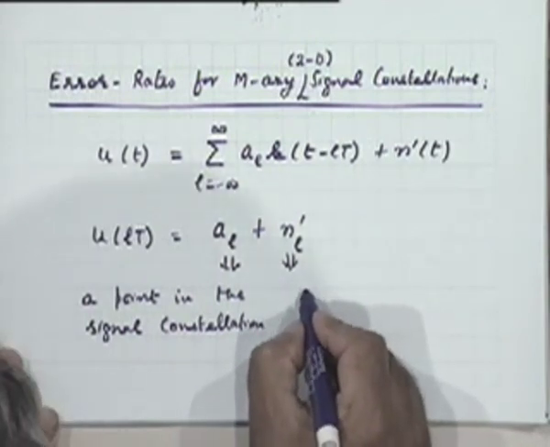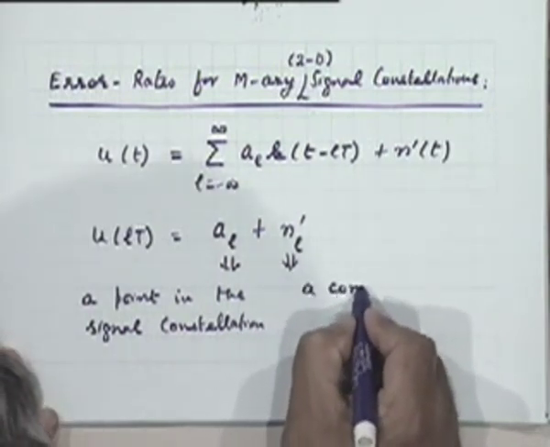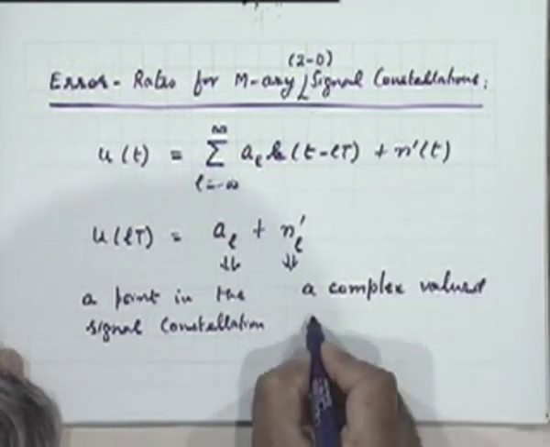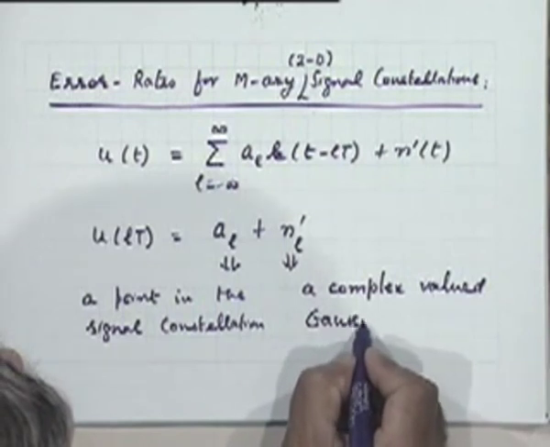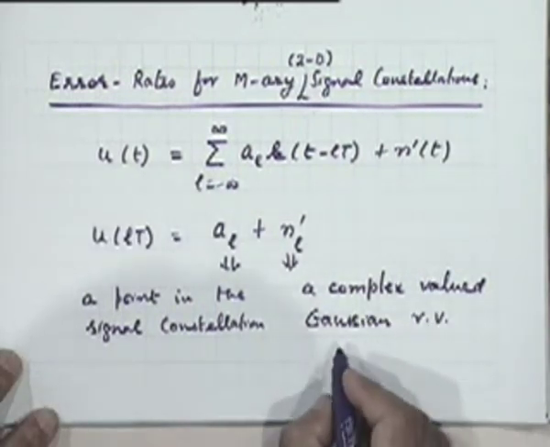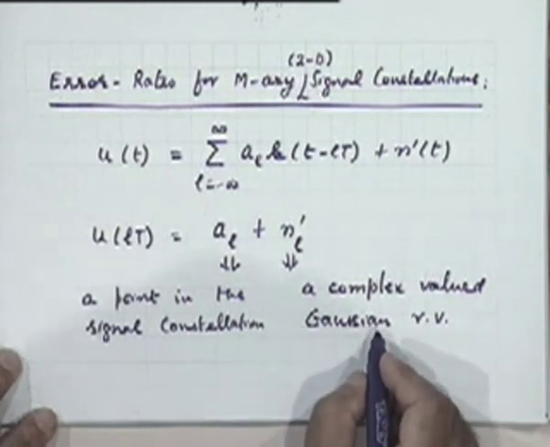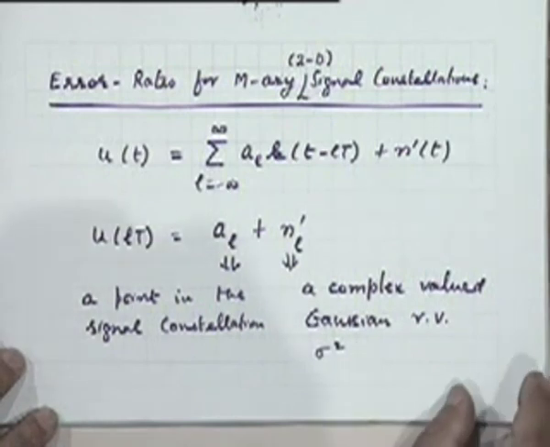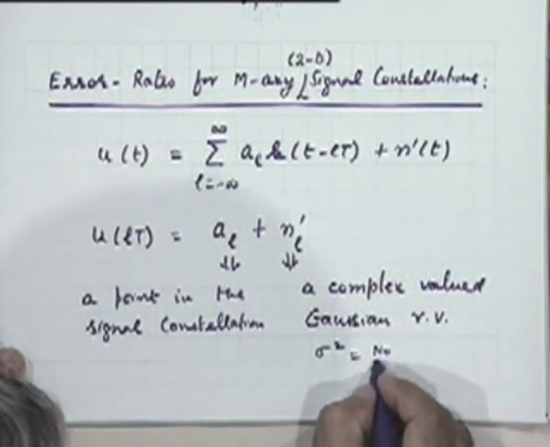And this is a complex valued Gaussian random variable, and each component of this complex variable has a variance of sigma square or N0 by 2.